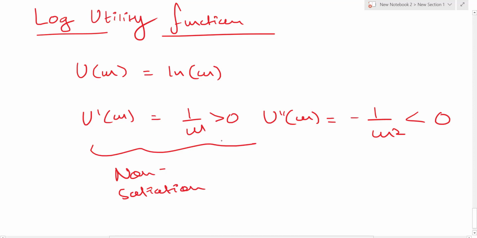For a valid utility function, you have to have non-satiation. And this property makes this investor a risk-averse investor, which is our usual assumption. It's not necessary for a utility function or an investor, but we usually assume that it is, and this one satisfies it, which is great.